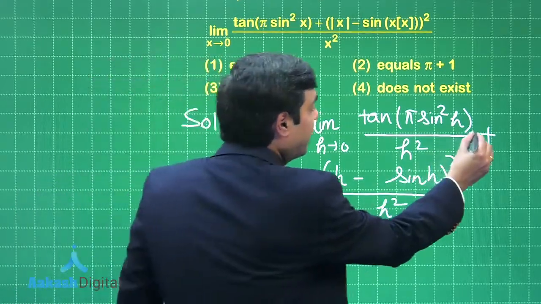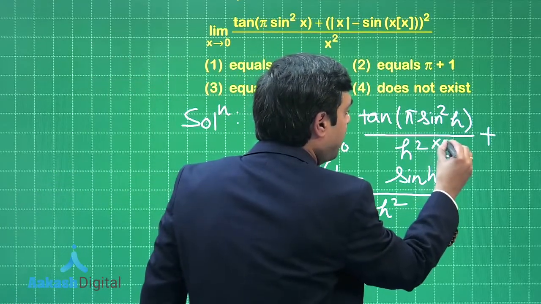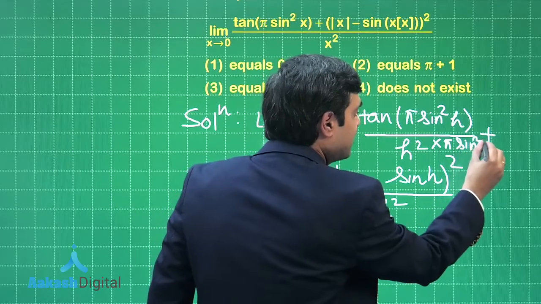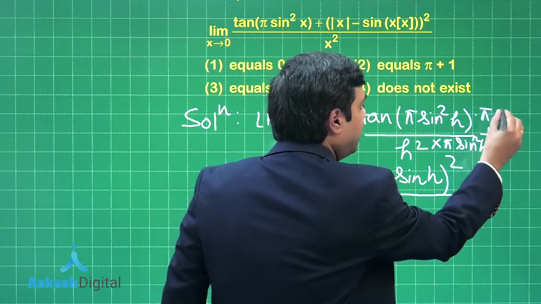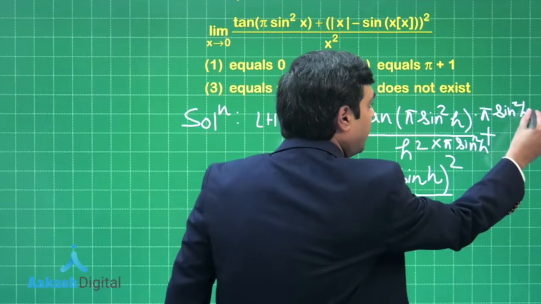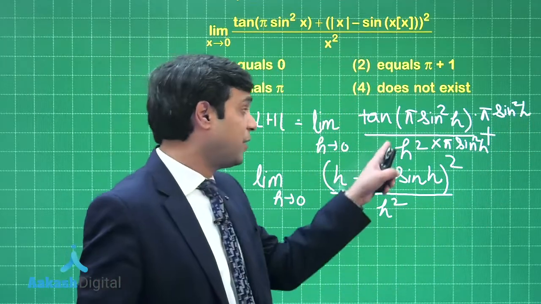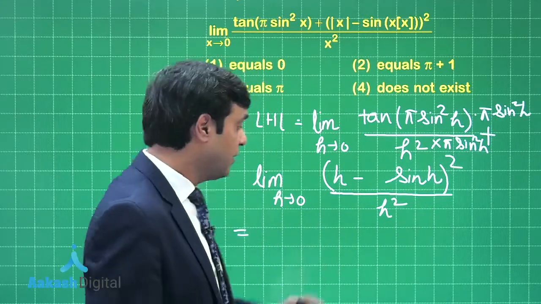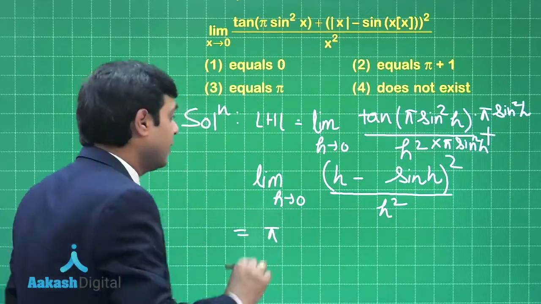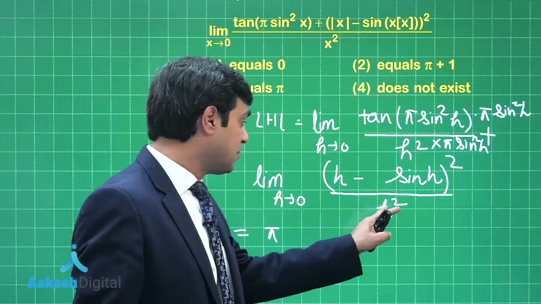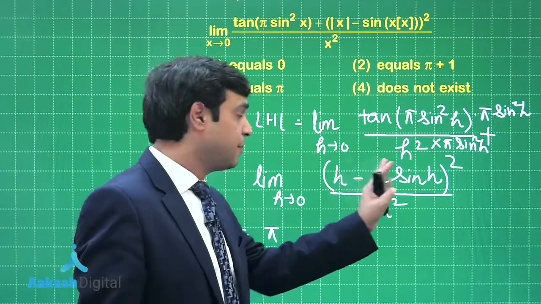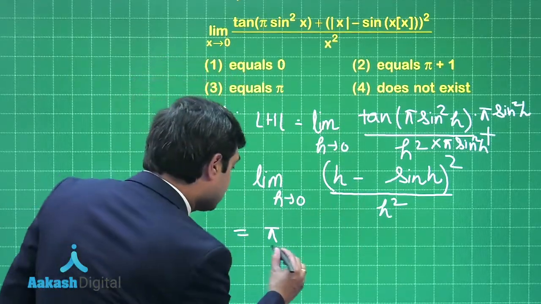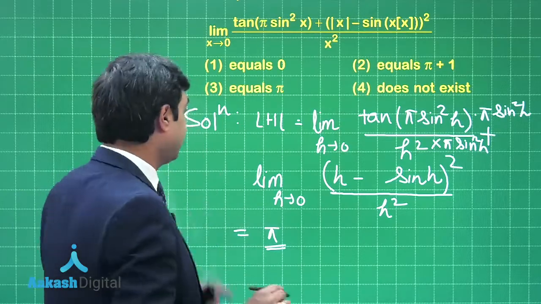When you multiply and divide this term by pi sine square h, what you observe? Sine square h upon h square is 1, tan(pi sine square h) upon pi sine square h is 1. So, the result is simply pi. On the other hand, for this one, when you put this h square inside, it is simply 1 minus 1, that is 0. So, the result is pi from the left hand side.